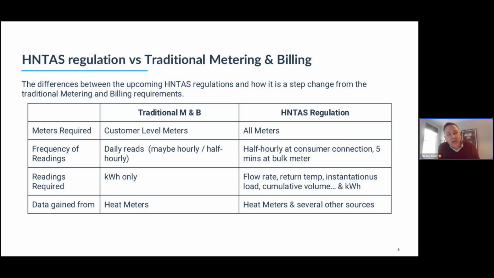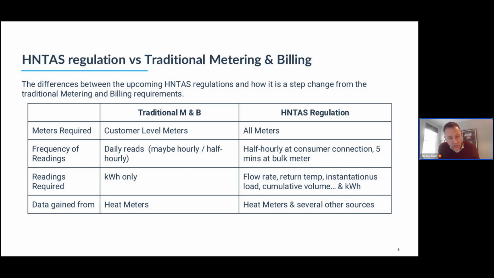And that data in traditional M&B is gained from heat meters. In HNTAS, as we've seen, it's actually a whole range of devices. We've got heat meters, yep, at the end of the network and at intermediate spots. We've also got licensed utility meters, check meters of different utility types, including top-up meters and electricity submeters, and then sensors like differential pressure and water quality.